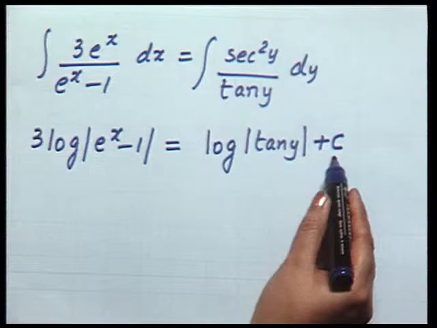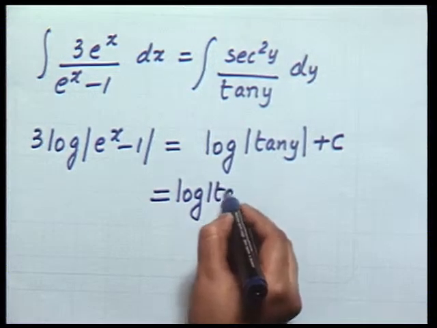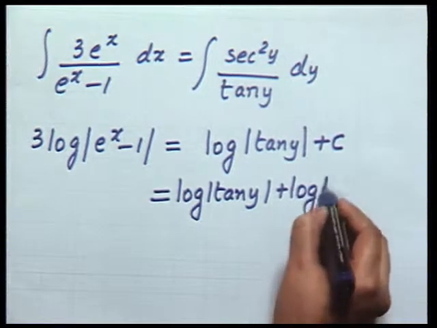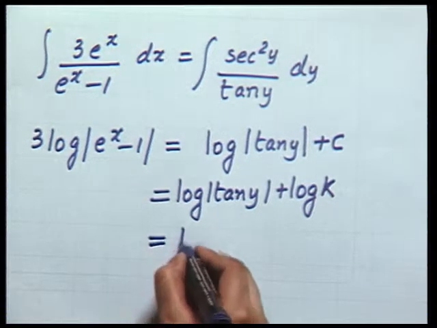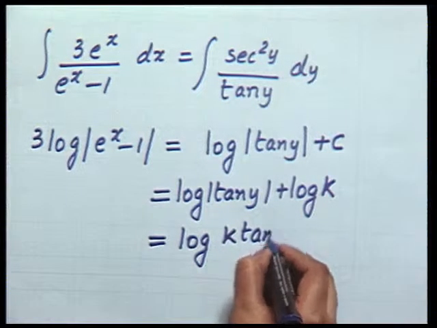Now, in some of the questions, it's quite possible to absorb this constant of integration into the log that is appearing throughout and remove the log ultimately. So what we can do here is, since this is only a constant, it can always be written as log of a certain constant number. So I can write it as plus log of, say, the constant k. These two terms, using the properties of log, can be combined into k times tan y.